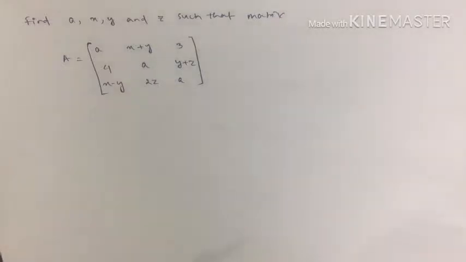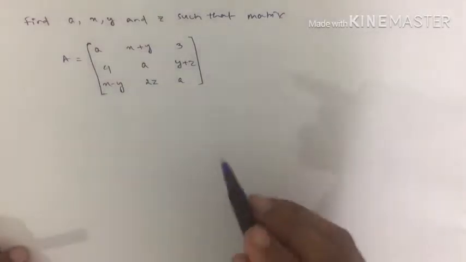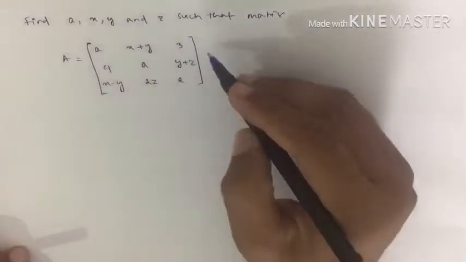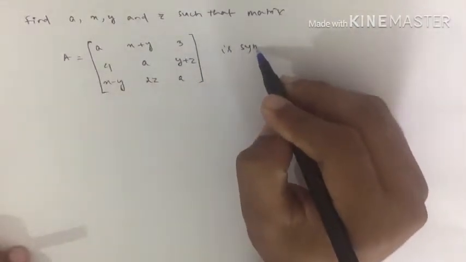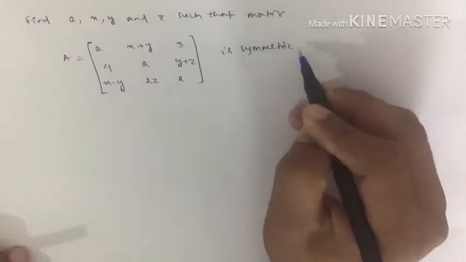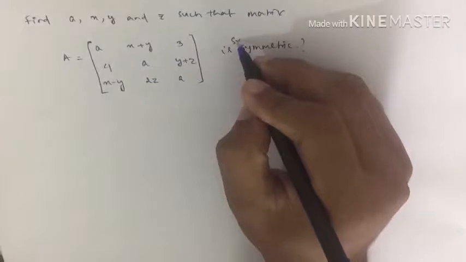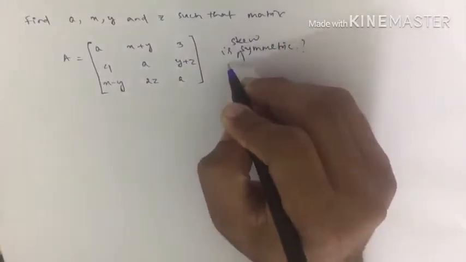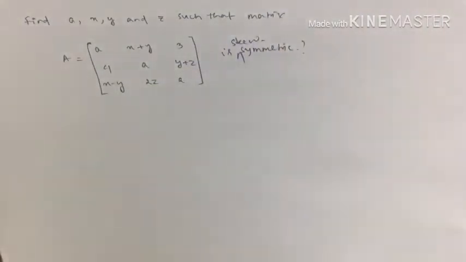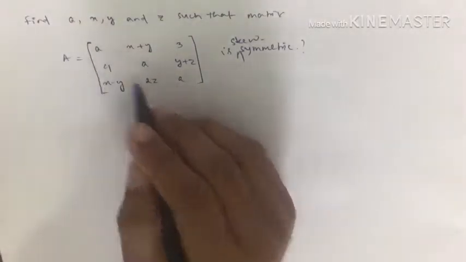The example given: find x, y, z, which are constants, such that matrix A is skew symmetric. So here, given A is skew symmetric, just apply the properties I have discussed already. If A is skew symmetric, what are the properties?